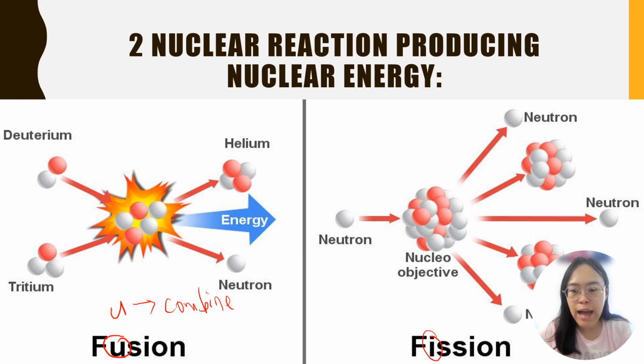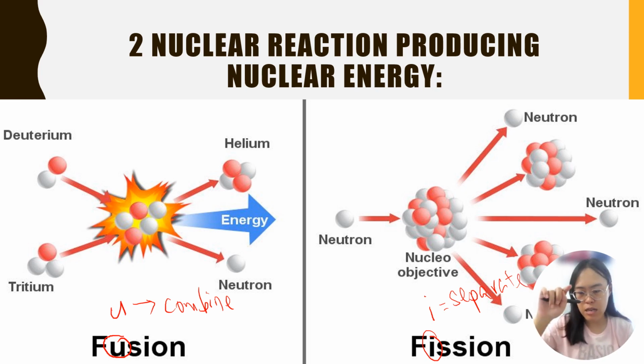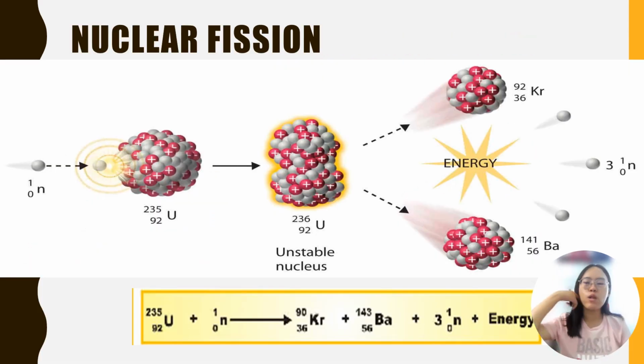For fission, the I is separate, like a dot and a line, so the heavier nucleus is split into two lighter nuclei, at the same time releasing nuclear energy. We will look into it one by one: how do nuclear fission and nuclear fusion produce nuclear energy?